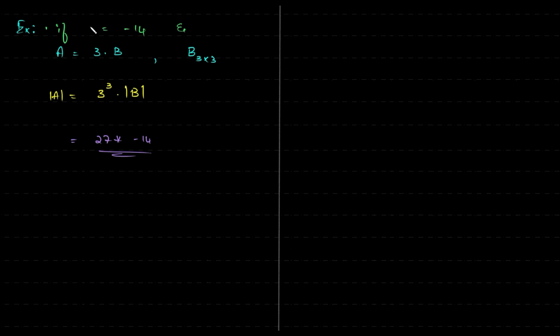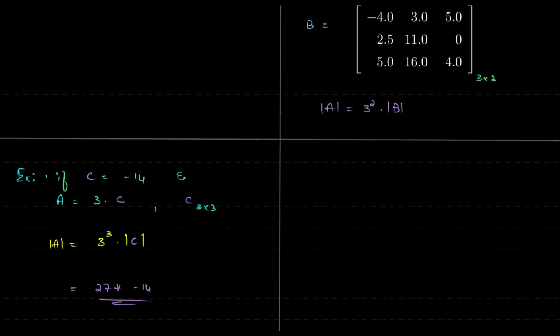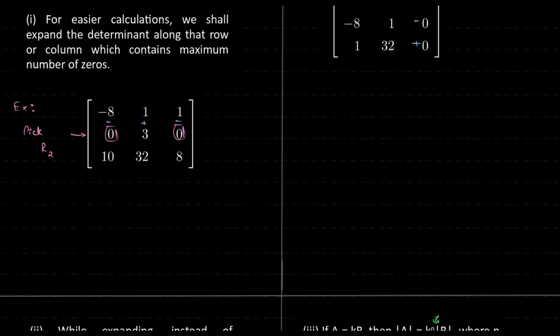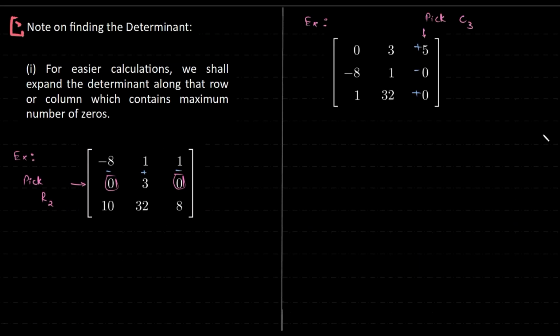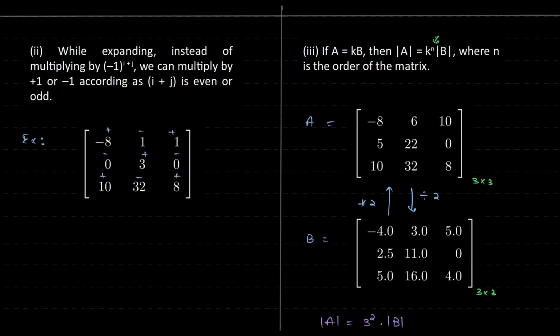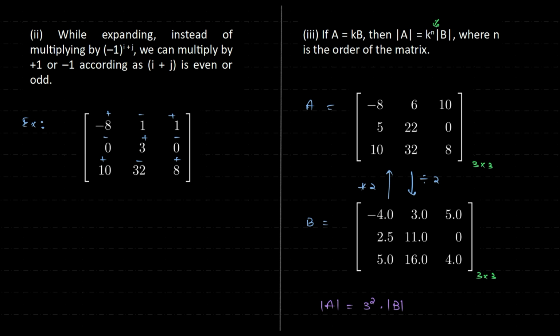So this is C, and C, C, C. Yes, I would like you guys to write all of this. Sorry, this is 2 cube. 2 cube, 2 being the factor and 3 being the order.